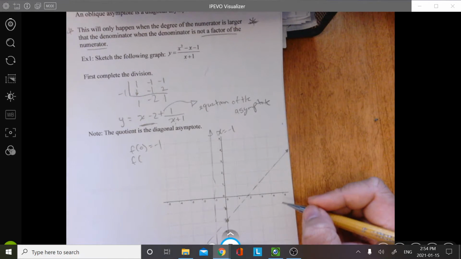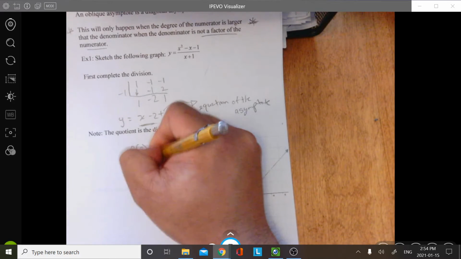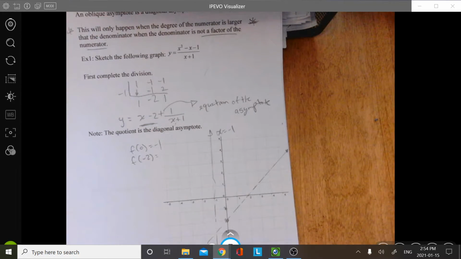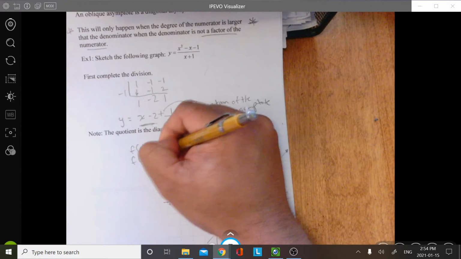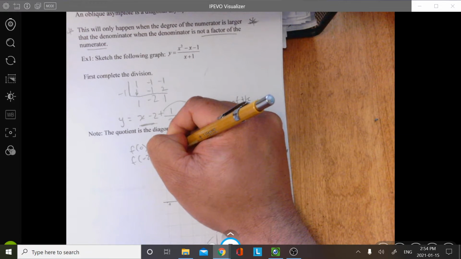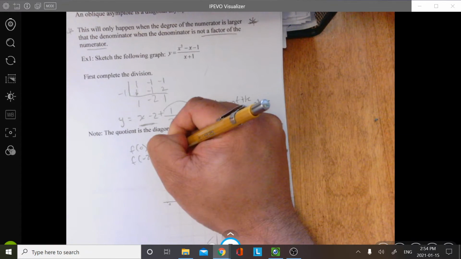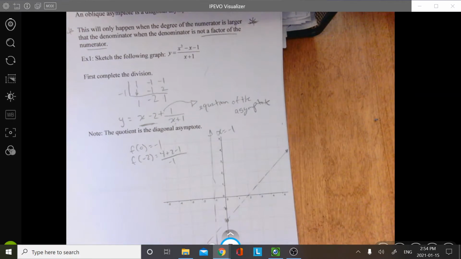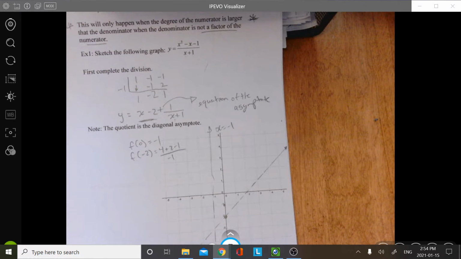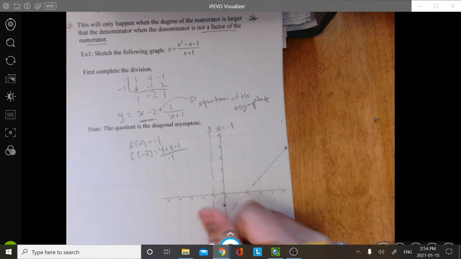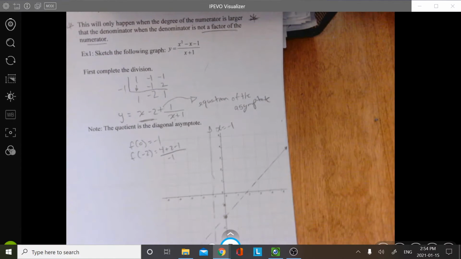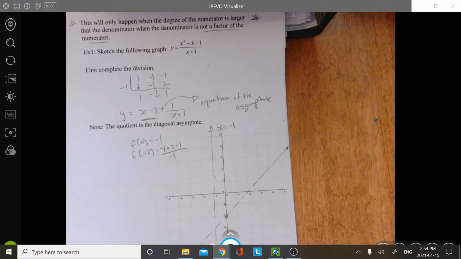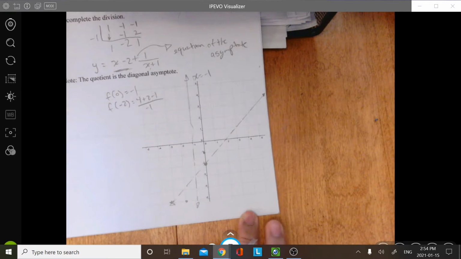F of -2 is 4 plus 2 minus 1 divided by -1. So you get -5. Oops, sorry.